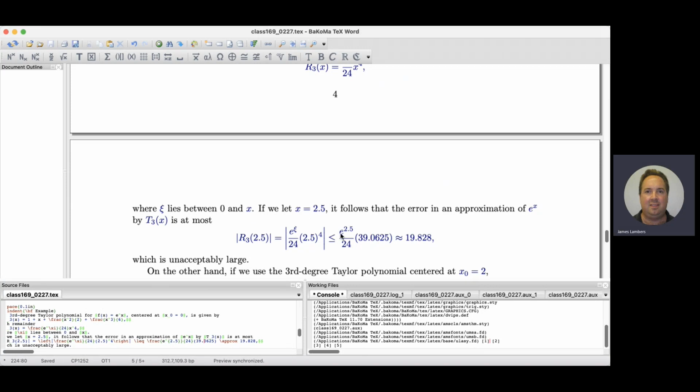E to the 2.5, the value of that is roughly 12. So the possible error is larger than e to the 2.5 itself. Sorry about my earlier flub. It's been a long day.